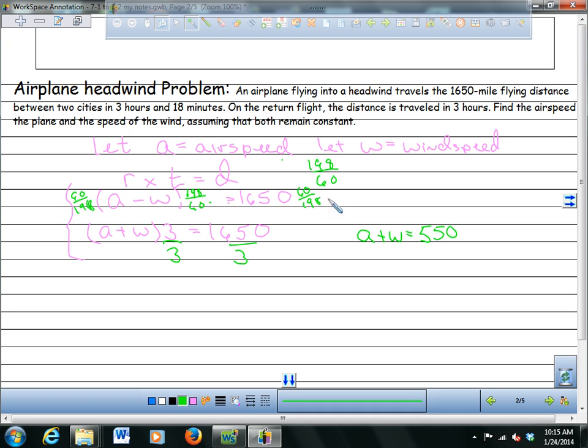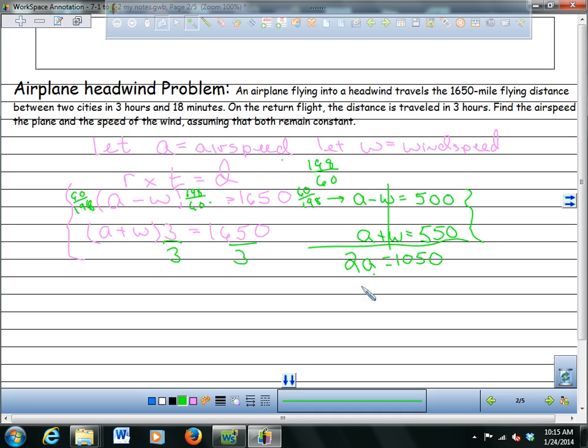This is a nice problem because it works out. A minus W equals 500. Then you can solve this system by elimination, adding them together. So you get 2A equals 1050.